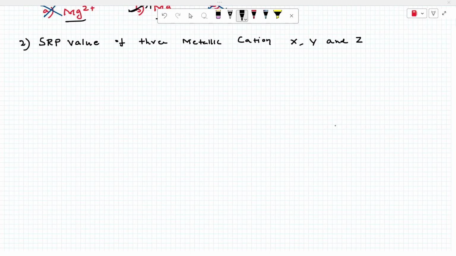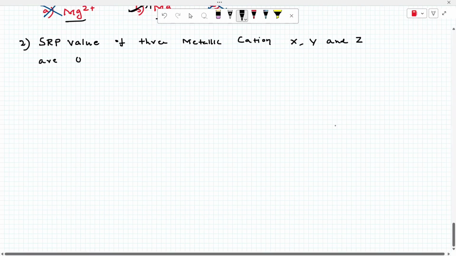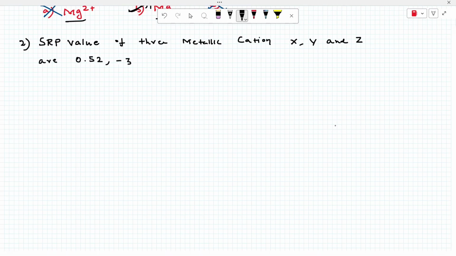Okay, the SRP values of three metallic cations X, Y, Z are 0.52, -3.03 and -1.18.